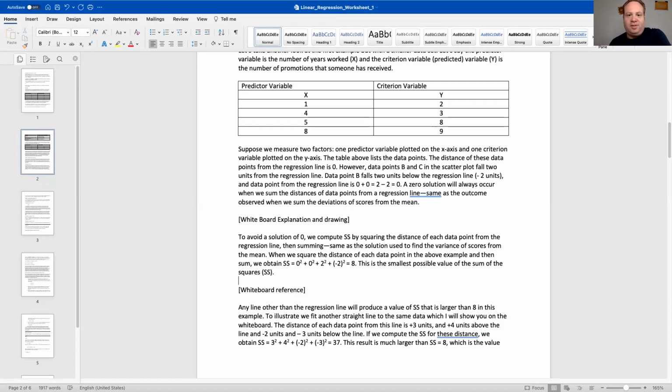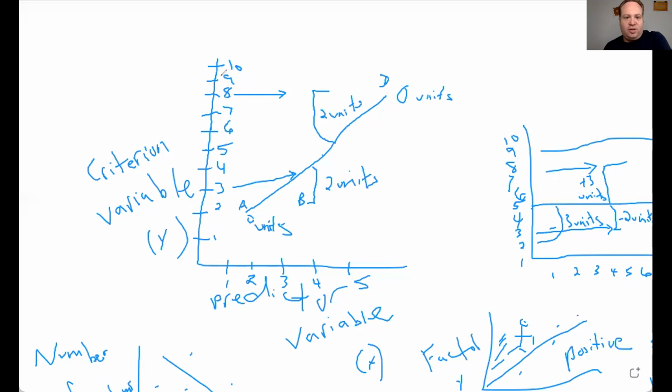So what that really means is we want to look at this first image that I drew on the whiteboard, our criterion variable and our predictor variable. So X is predicting what's happening here. B right here is our next variable, which is the number of sessions.